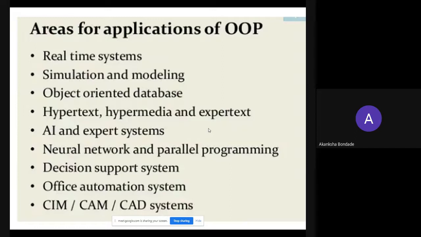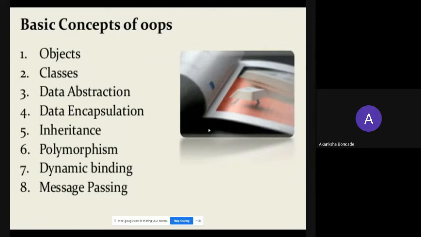Then artificial intelligence and expert systems. Then neural networks and parallel programming. Next, decision support systems and office automation systems. Then CIM, CAM and CAD systems. These are all the areas where the applications of OOPS are used.